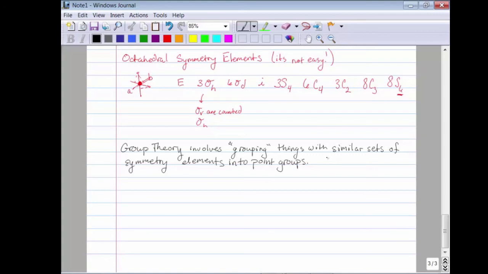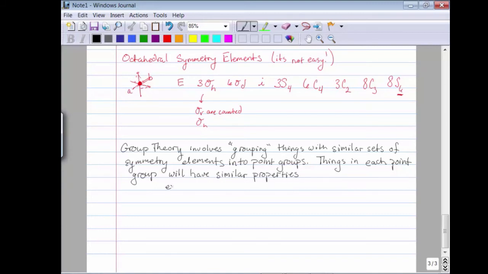There are other things in that octahedral point group that don't look like the traditional octahedral molecule that you're used to seeing. Anything in that point group would have similar sets of properties.